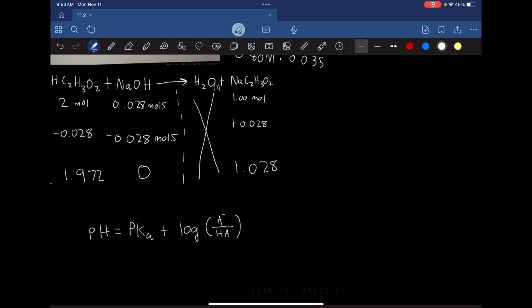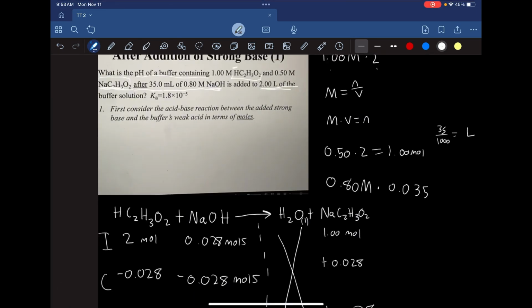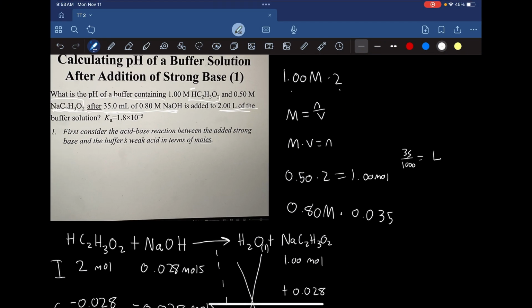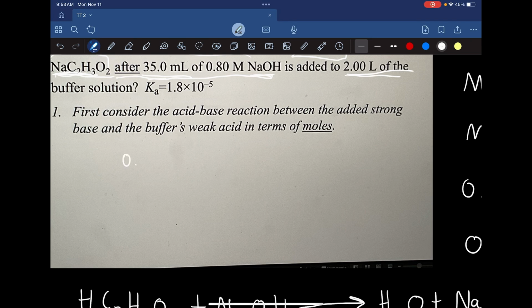Before we plug it in, we know that they're in different volumes, so we add the volumes together. We have 35 mL, which is 0.035 liters, plus 2 liters, which equals 2.035 liters.